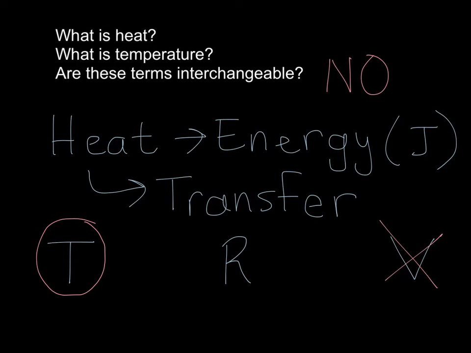The R, the rotational energy, would be the spinning of the molecules in some way. We're also not going to focus on that. So we're just going to look at the translational energy as a marker for the energy of the system. And for the energy of the system, we can use the idea of heat to explain how that energy is present and how it can be moved.